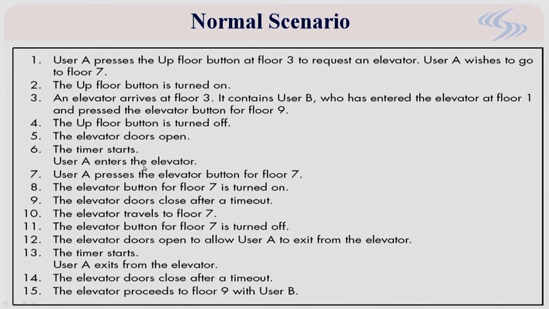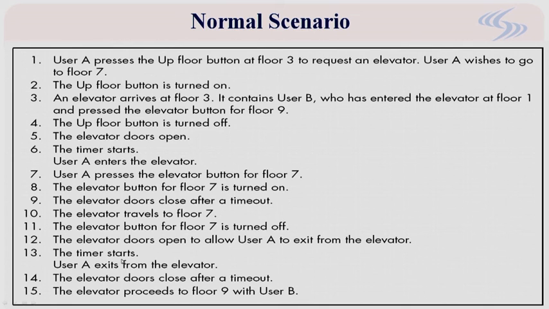User A enters the elevator. User A presses the elevator button for floor 7, and the elevator button for floor 7 is turned on. Elevator doors close after a timeout, and the elevator travels to floor 7. The elevator button for floor 7 is turned off, and the elevator doors open to allow user A to exit from the elevator.